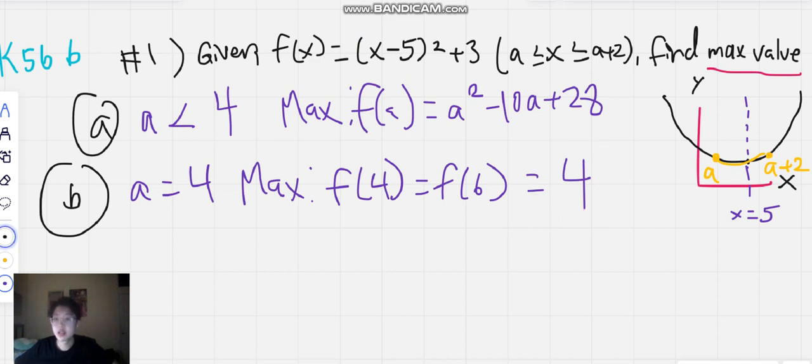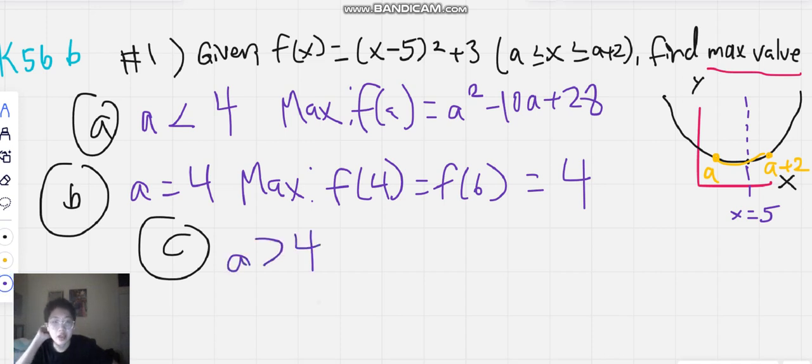And then our third scenario: as long as a is greater than 4, the maximum is going to be... if you refer back, this is when a is equal to 4, where these two ends of the interval are exactly the same.